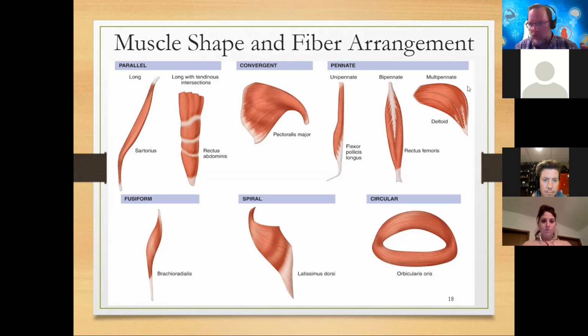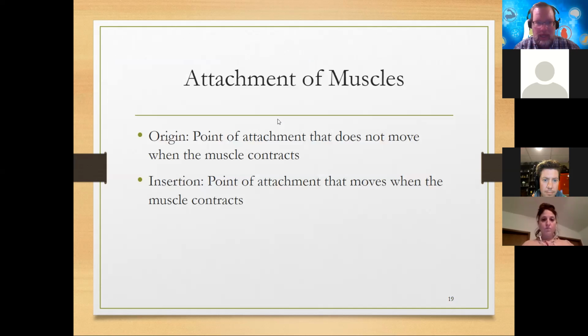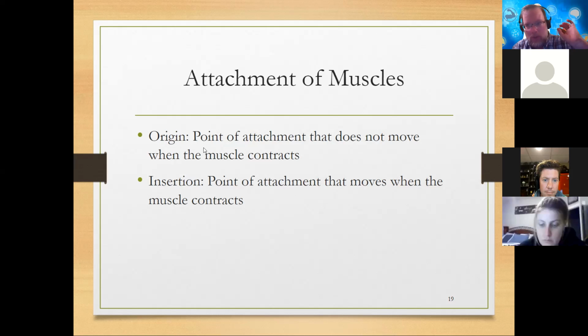We see a similar thing with the deltoid, a lot of fiber directions going down and coming to one spot. We can get a lot of actions going with the deltoid. So anyway, just FYI regarding fiber arrangement, not a big deal. I do want to mention these. I just did a few minutes ago, but the black and white of it is origin tendon is where the tendon attaches to an anchor, or more or less the immovable part.